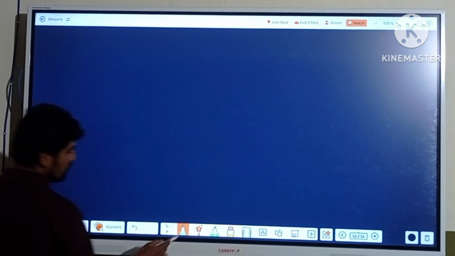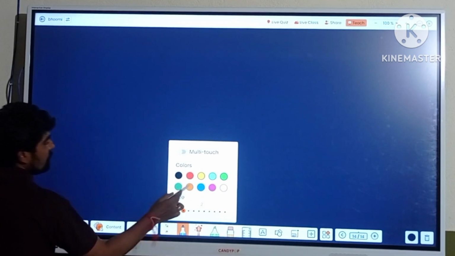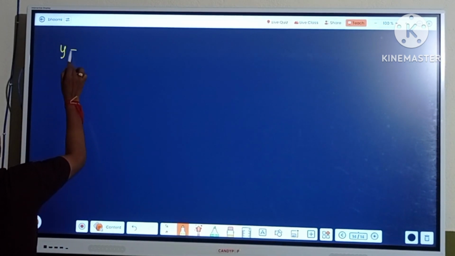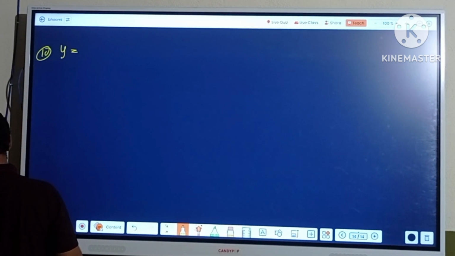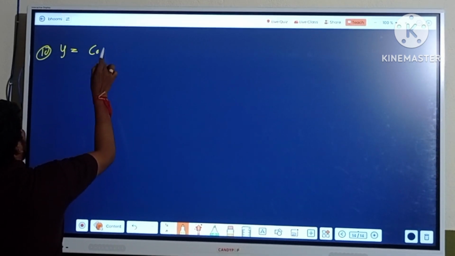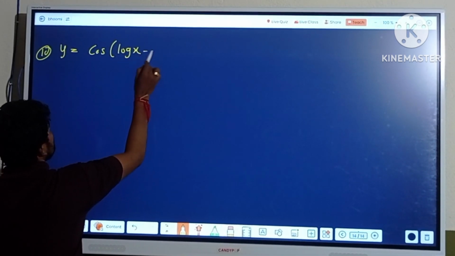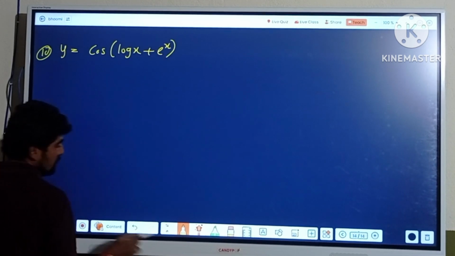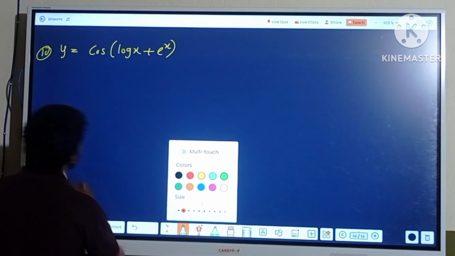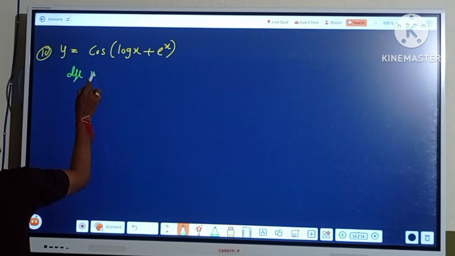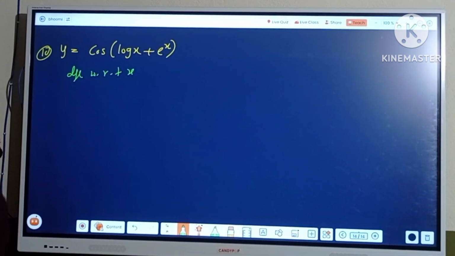Find the derivative of y equals cos of log x plus e power x. So, to find dy by dx, differentiate this with respect to x.